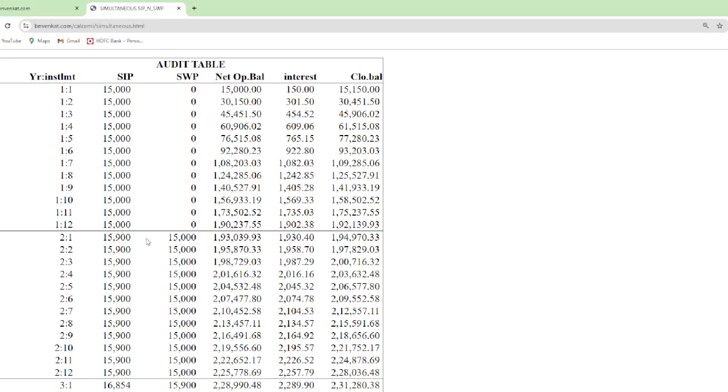During this time, the SIP has to be increased by a step up of 6%. Previous year, it is 15,000 rupees. Current year, it is 15,900 as the SIP and 15,000 as the withdrawal. Simultaneously, you withdraw your previous year amount.